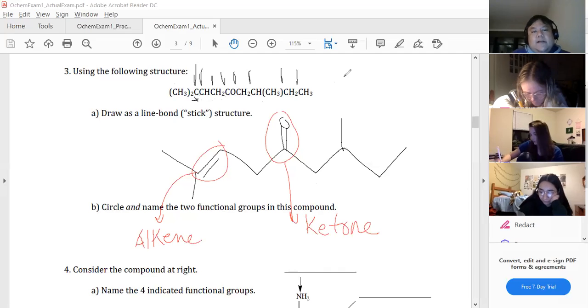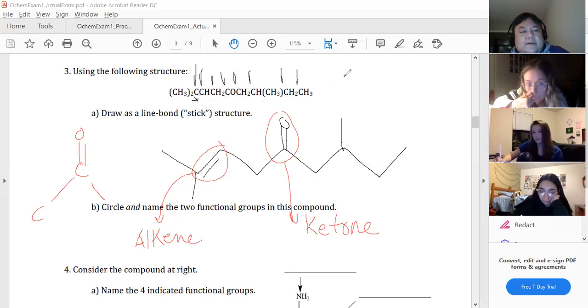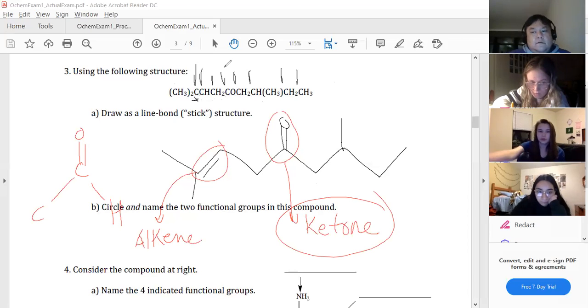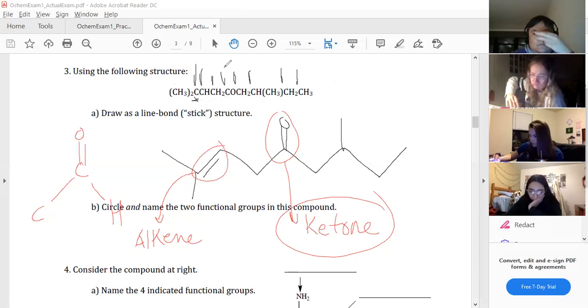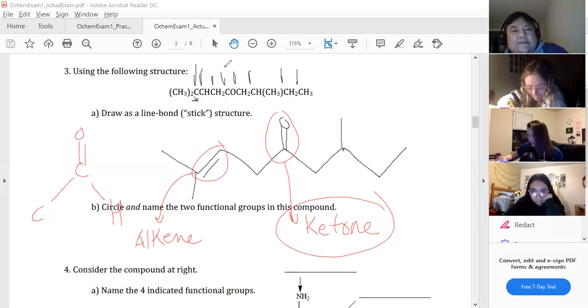And a carbon double bonded to an oxygen, that goes to a carbon, and this goes to a carbon. That's a ketone, right? If I change one of those carbons to a hydrogen, what functional group is this now? Aldehyde. So make sure you pay attention to that. But this is ketone and alkene in this one.